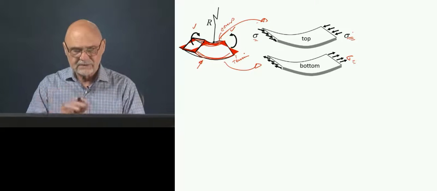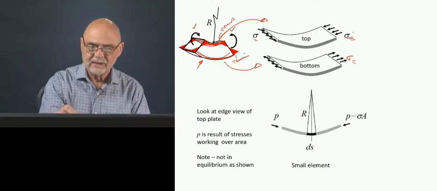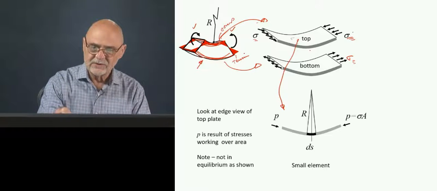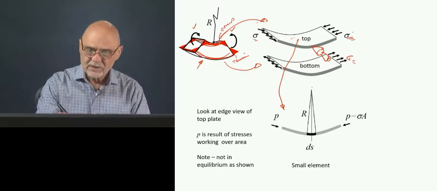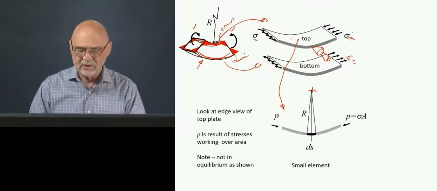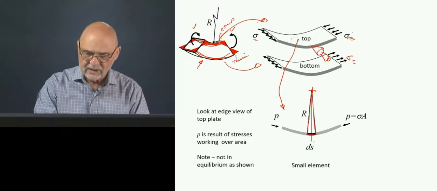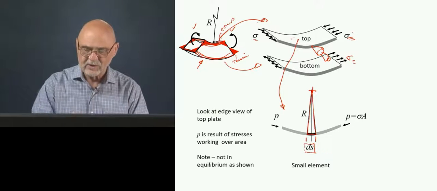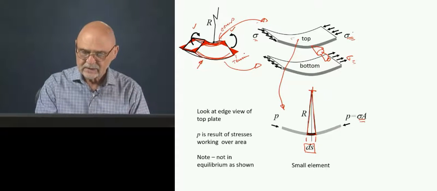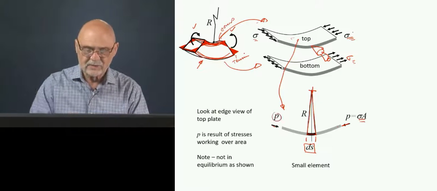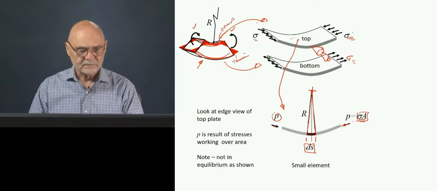Now let's look at the top part. We're going to take this and look at the edge. So here's the radius of curvature. Here's a little element ds that we're going to be looking at. And we know that we're loaded along here by an amount, call it P, which is sigma dA.